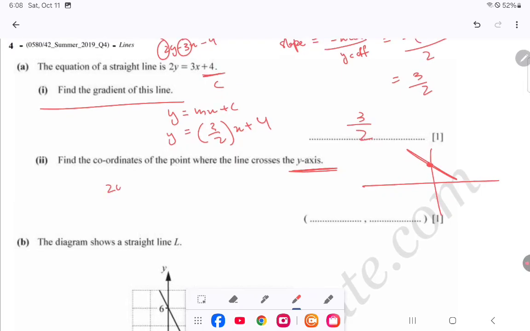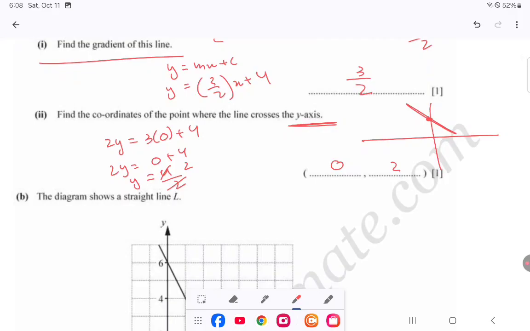So 2y = 3(0) + 4, 2y = 0 + 4. Divide both sides by 2, y = 4/2 = 2. The y-intercept is 2 and the x-intercept will become 0.